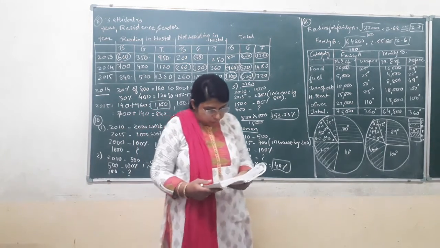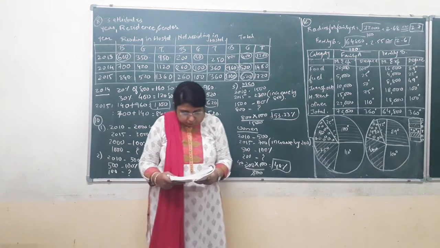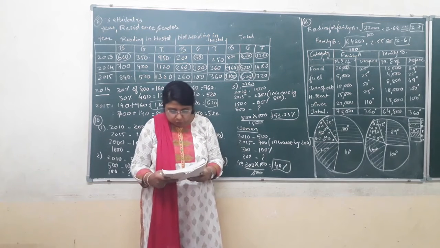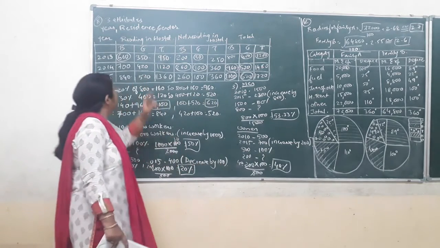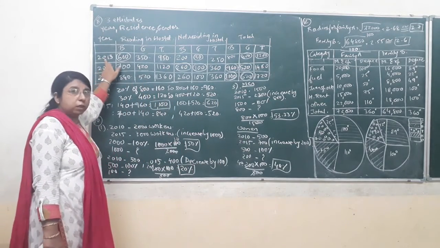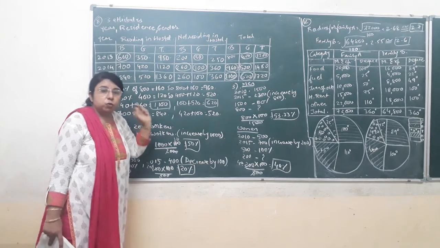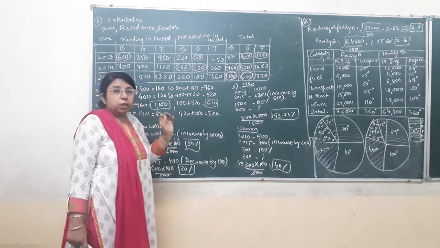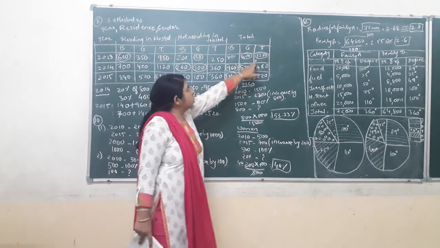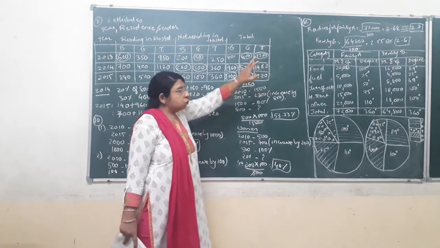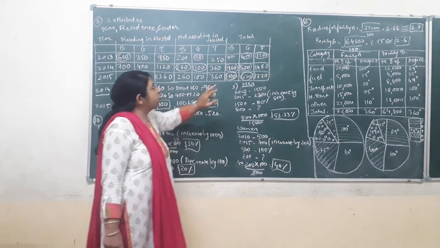Okay, first line. In the year 2013, there were 1200 students studying in a school. And there were 1200 students in the year 2013. You can see here it is year 2013, and total number of students studying in school in the year 2013, there are 1200. Okay, so you can see in the total column I have written 1200. Students, you can see I have drawn circles on some of the values.